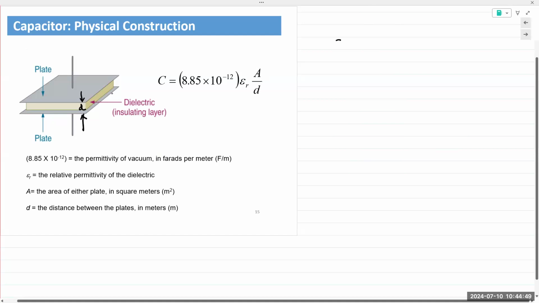Now, in simple terms, C is epsilon, the Greek letter epsilon, times A over D. And epsilon is the permittivity.